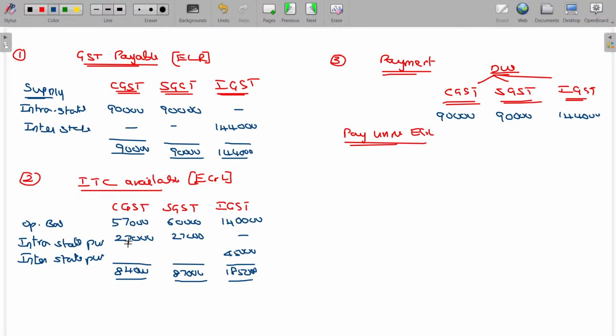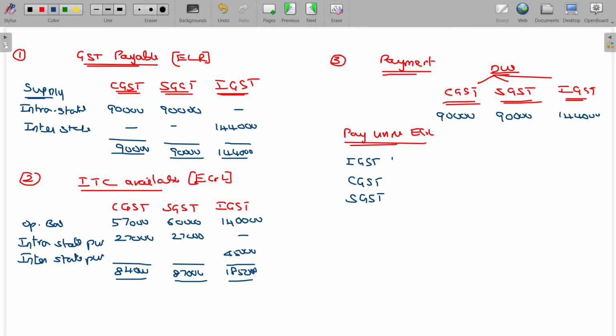In your electronic credit ledger, you have CGST, SGST, IGST.